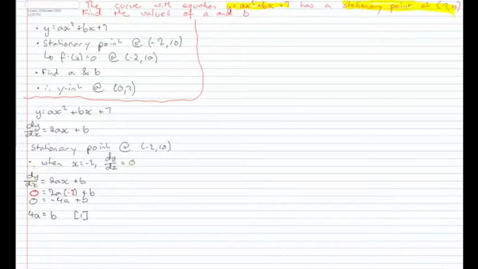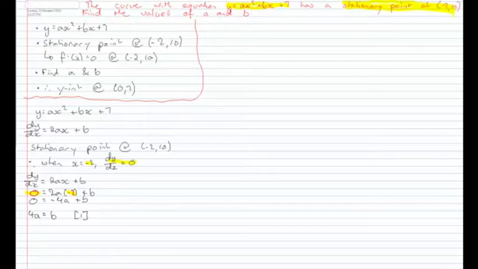Right, so I've written out my differentiated formula again, dy on dx is equal to 2ax plus b, substituting in dy on dx equals 0 to get here, and x equals negative 2, because that's where it occurs. So you end up getting 0 is equal to 2a bracket negative 2 plus b. You end up getting 0 is equal to negative 4a plus b, and I rearrange moving the 4a over the other side, you get 4a equals b. This here is equation 1.